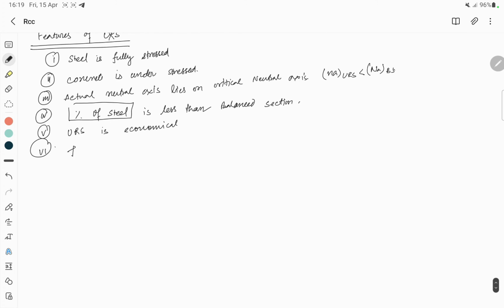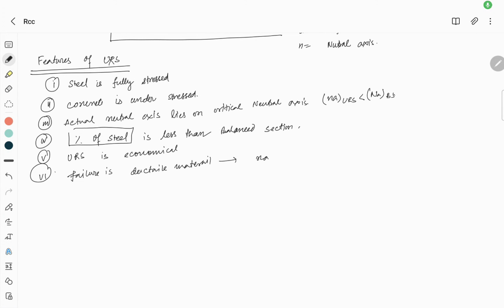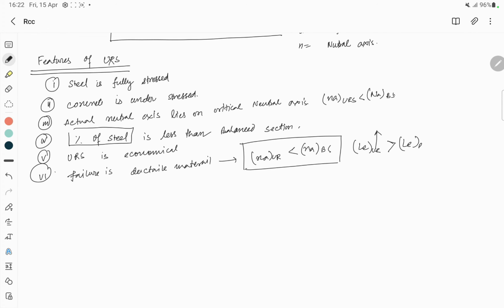Six, failure is ductile. Why? Because the neutral axis for the under reinforcement section is less than the neutral axis of the balanced section. So in that scenario the lever arm is increased compared to the lever arm of the balanced section. As the lever arm increases, the material should be ductile.